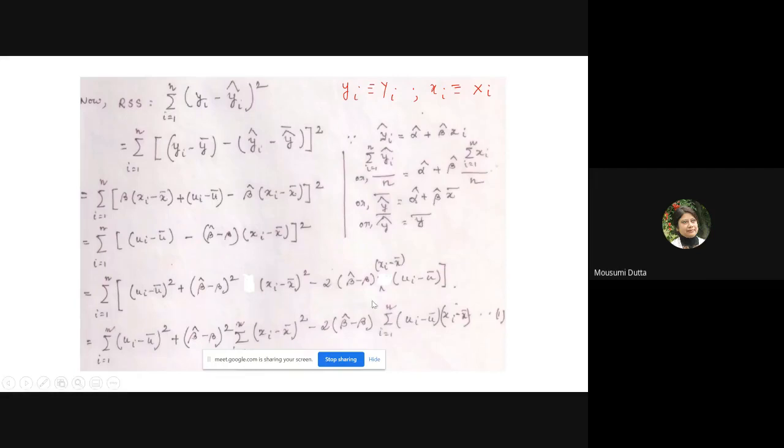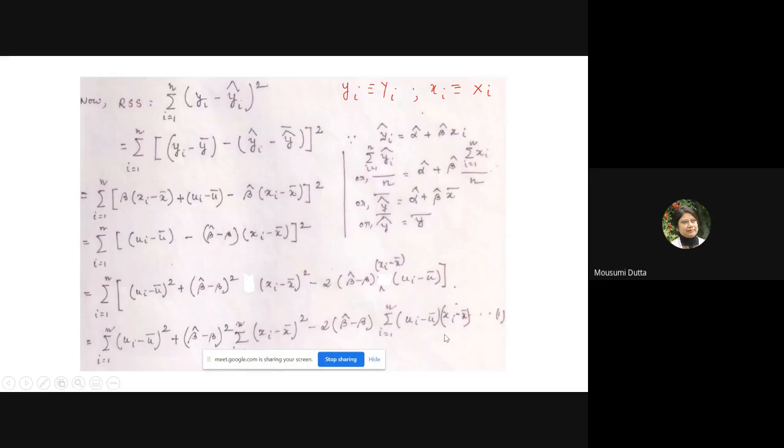After that, I am considering the whole square. So a square plus b square minus 2ab: ui minus u bar whole square, plus beta hat minus beta whole square into xi minus x bar whole square, minus 2 beta hat minus beta into xi minus x bar into ui minus u bar.